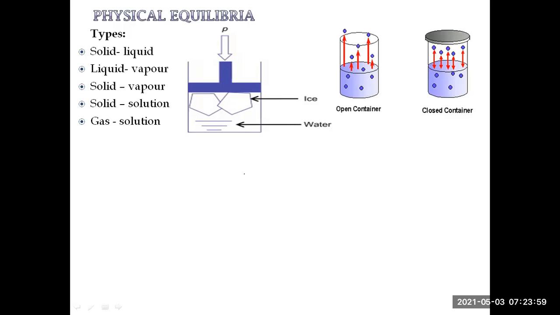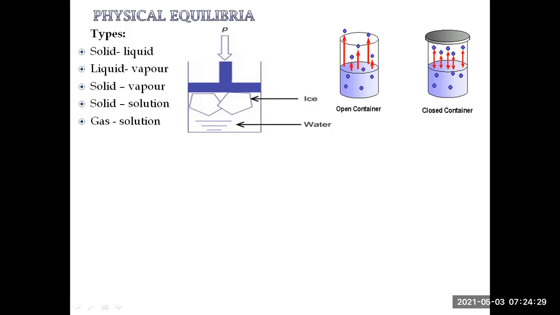And after some time, these vapor molecules collide among themselves and get back into the liquid. So in the beginning, the rate of evaporation will be more. And slowly, when vapor molecules become more in the container above the liquid surface, they also start condensing back to liquid.